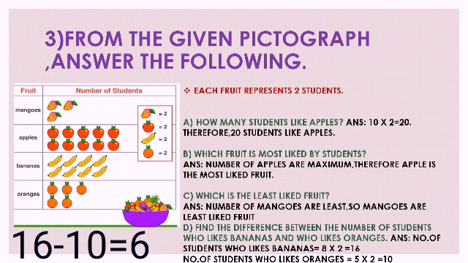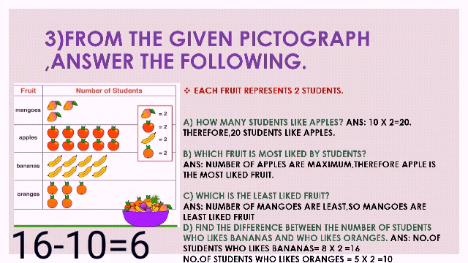Which is the least liked fruit? Least liked means it's liked less. So which picture is least given? That means the diagram of which fruit is least, lesser than any other diagram. Look here, the number of mangoes given is 3.